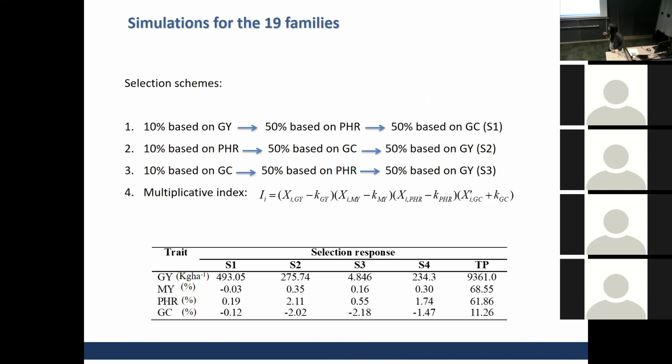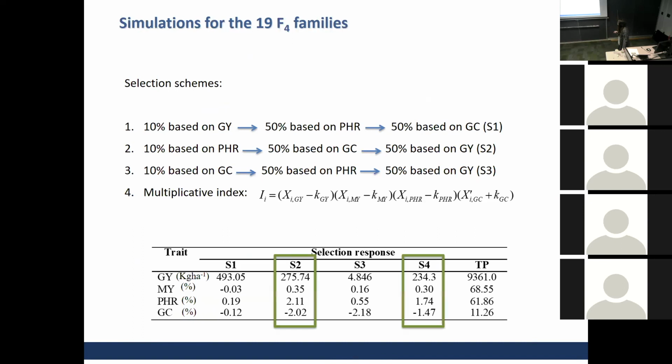Then we took the top 25 crosses selected from each selection scheme, calculated the mean of those progenies, and subtracted the mean in the training population from that mean to evaluate our response to selection.